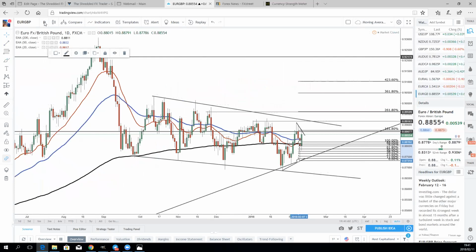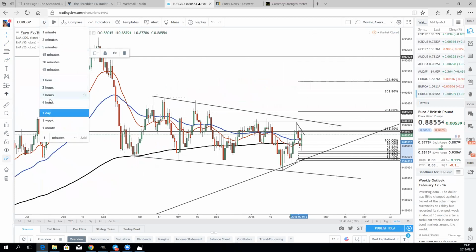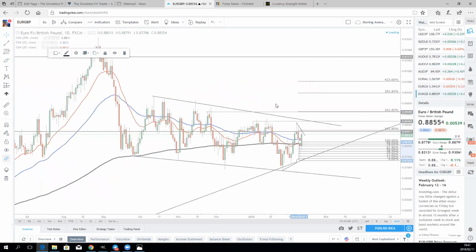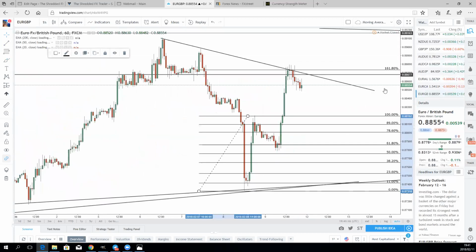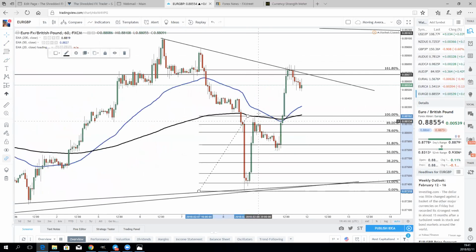I'll just show you guys quickly, in terms of Elliott wave and price structure: impulse move, flag, second impulse move, 161 retrace extension level.